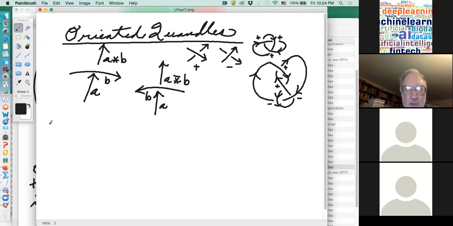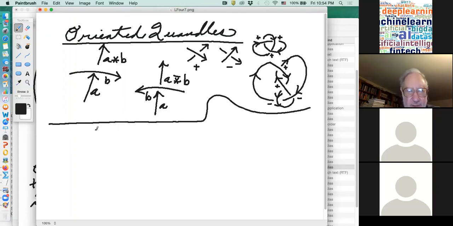And then we can figure out, if we're keeping track of orientation this way, what the rules should be for such things. After all, if you had something like this, then you would have an A coming into an A and it should go out as an A, and this would mean A star A equals A.